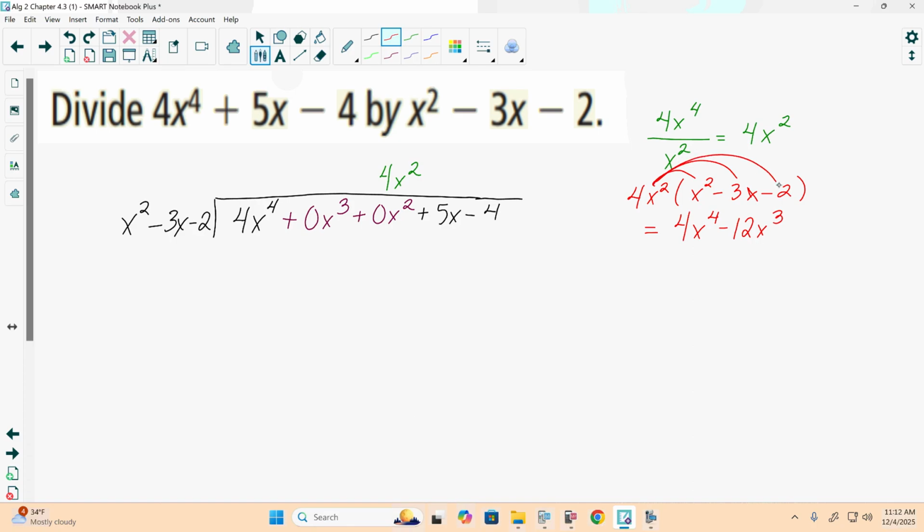And 4x squared times negative 2, negative 8x squared, yes. 4x to the 4th minus 12x cubed minus 8x squared.